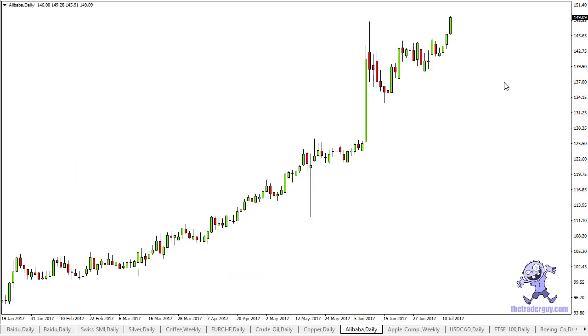Now on this next chart, this is Alibaba. And this is the CFD for the stock. And really, at this point, the only one that I'm looking at on this chart is that candle and the following candle. And the reason is because the first one is so impulsive. Well, what does that mean?